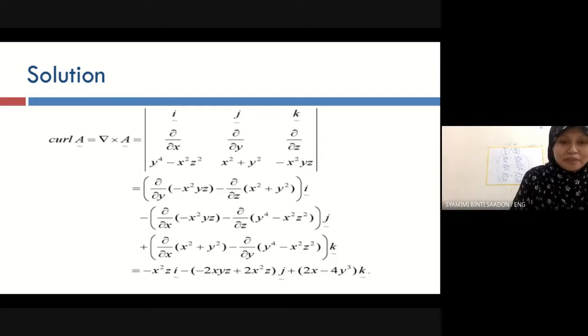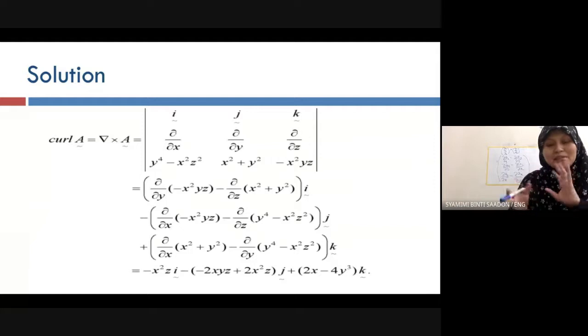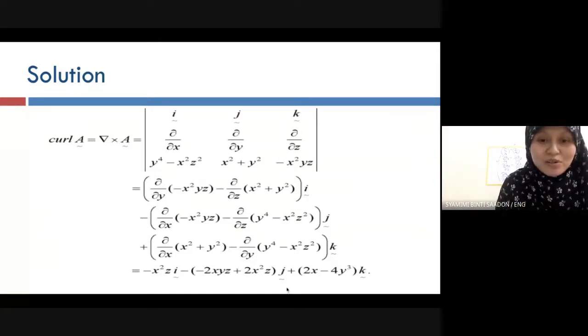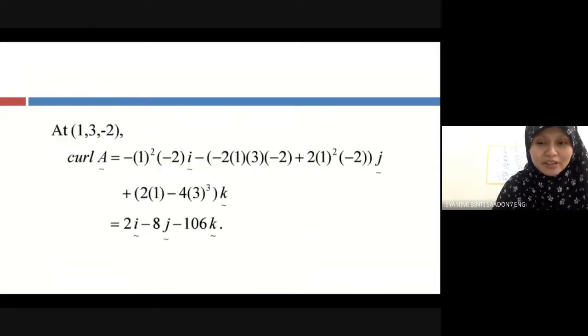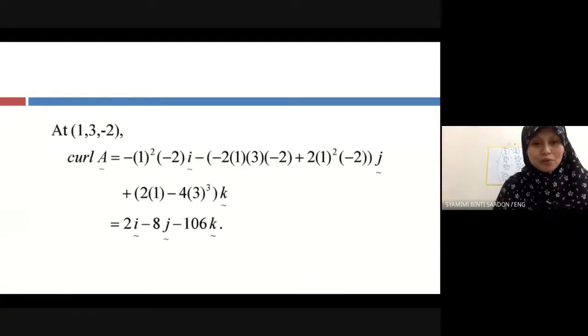So make sure the position and plus minus you put correctly. So the answer for all of this calculation, we have x minus x squared z, etc. You can try this later on. When we substitute the point (1, 3, -2), we have curl A equals 2i minus 8j minus 106k.